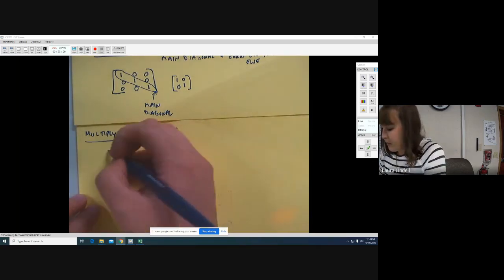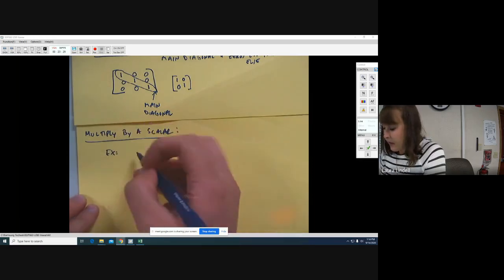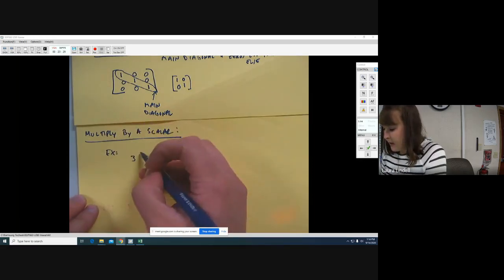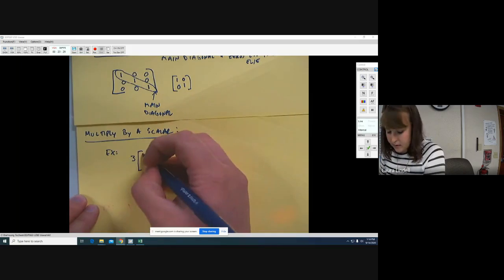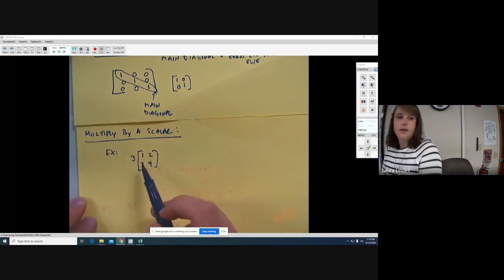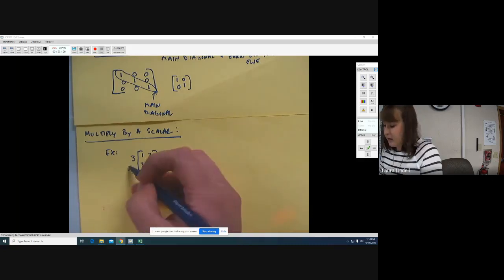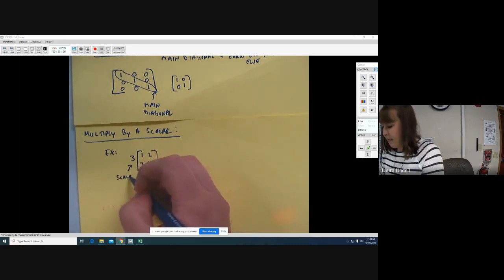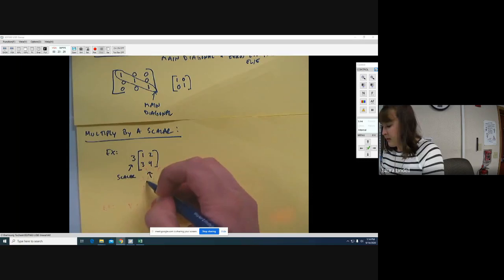So for example, if I had something like this, so this is my scalar, this is my matrix.